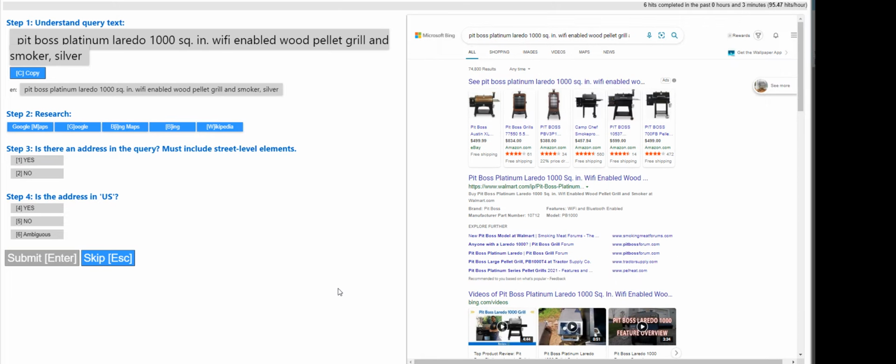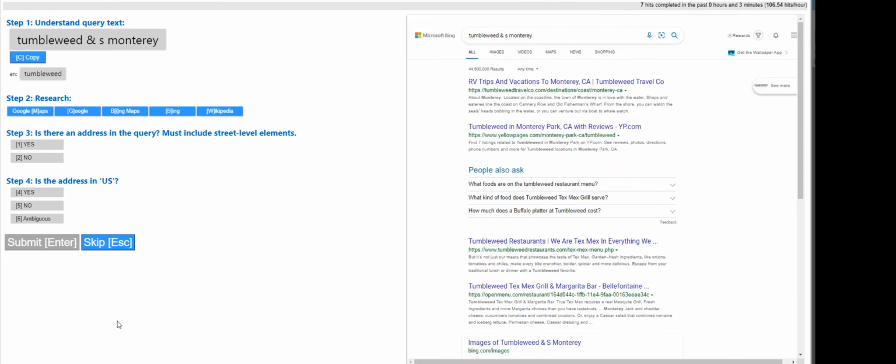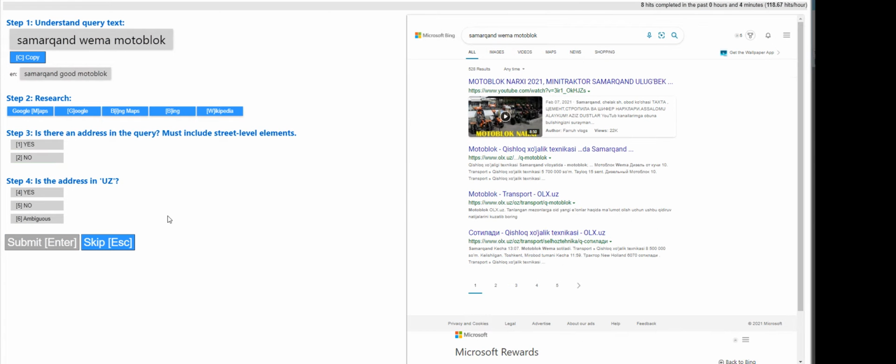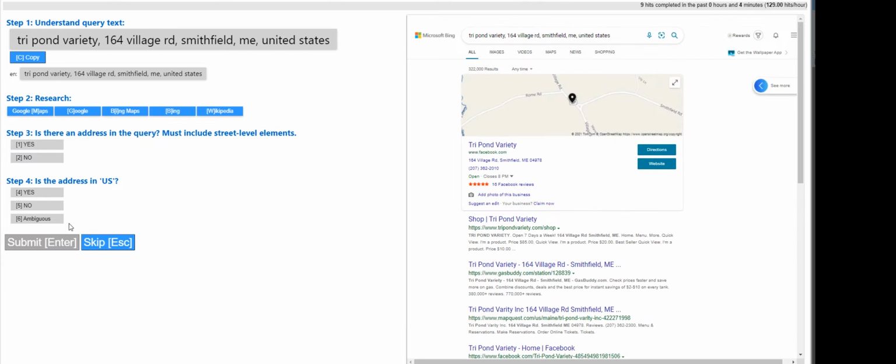Moving on to the next is Pit Bus Platinum Loreto, 1000 square feet, and definitely not an address. Tumbleweed and S Monterey, not a street address. Samarkand Wimam. I don't know how to pronounce this, guys, so it's a no. Tripod Variety, 164 Village Road, Smithfield, ME.